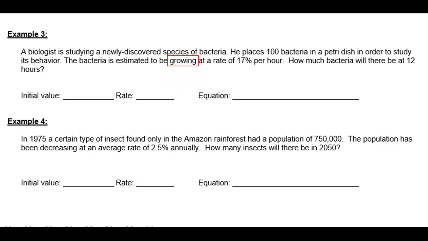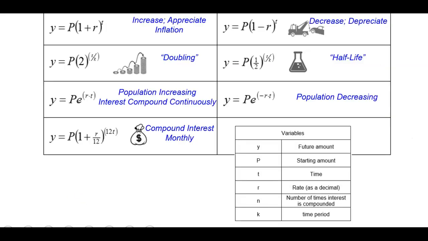Does everyone see the word growing? Okay, this is a population that is growing. So let's go back to these formulas. Which one of these looks like a population that's growing equation? Population increasing. Y'all see that? This is called interest compounded continuously.